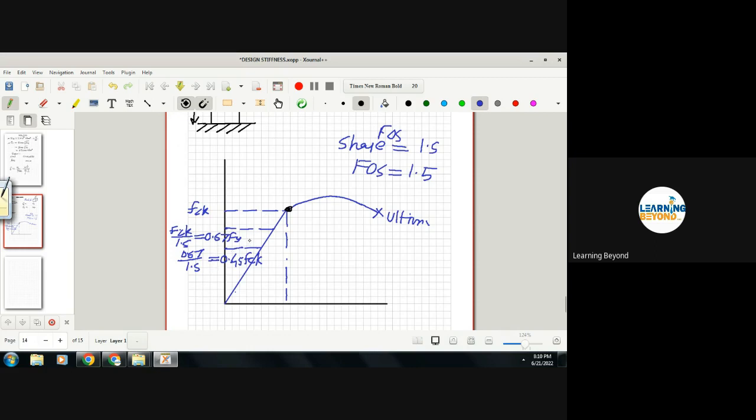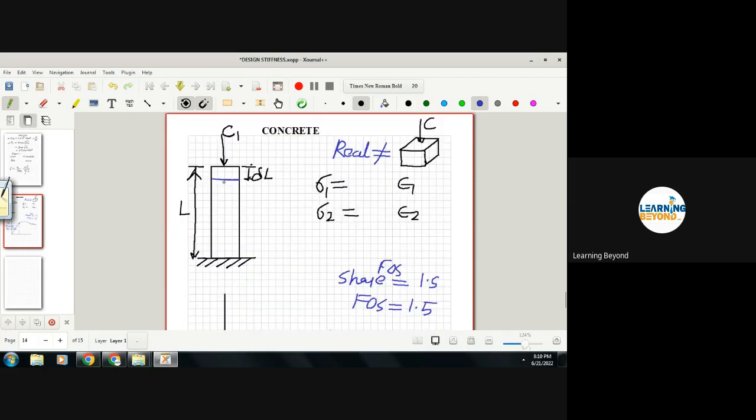Now I want to ask you, let's say this is a column. Now consider, just ignore this length. Let's say this column is very short, the height is very less. And if I ask you, let's say C1 समझो 1000 kilonewton है.